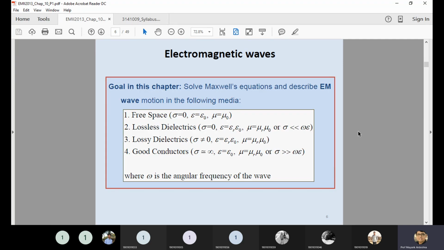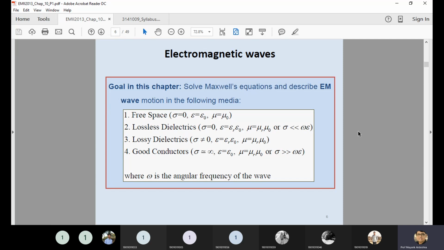When you are transmitting these waves in a different medium, it is possible that the velocity of the signals will change according to the electrical properties, epsilon as well as mu. When you consider this wave in free space, your epsilon and mu are the free space mu 0 and free space epsilon 0, but the conductivity should be 0.